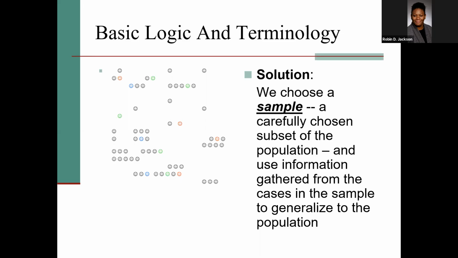And I go to all of the CJ classes. That's a convenient sample. It's convenient for me to utilize PBAMU students within the criminal justice or justice studies department, okay? So then I wouldn't be able to take that sample and generalize my findings and say that those conclusions could be used for the entire population of PBAMU students.